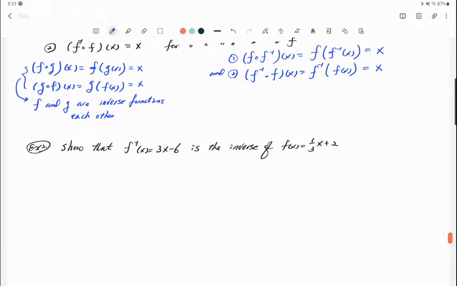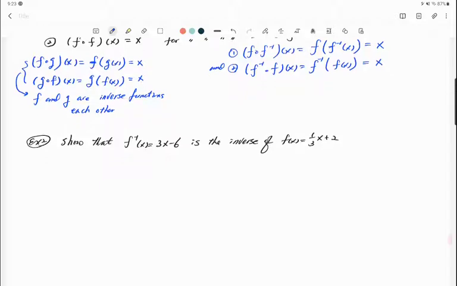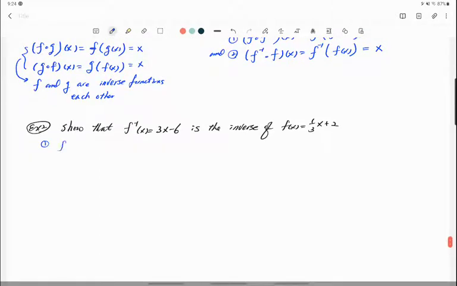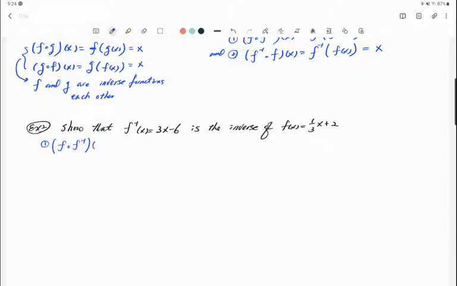So let's check. Show that f inverse of x equals 3x minus 6. So this is the inverse of f of x. We want to show these two functions are inverses of each other. Then we will check the first condition, which is f circle f inverse of x. Let's find out whether this becomes x.